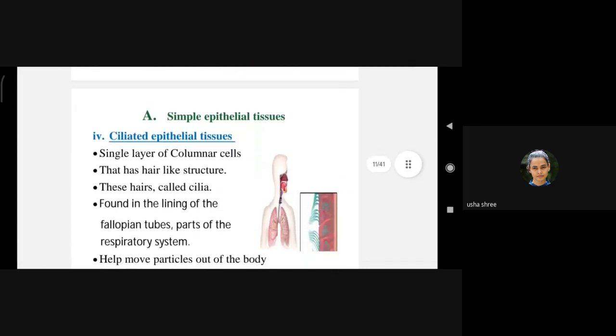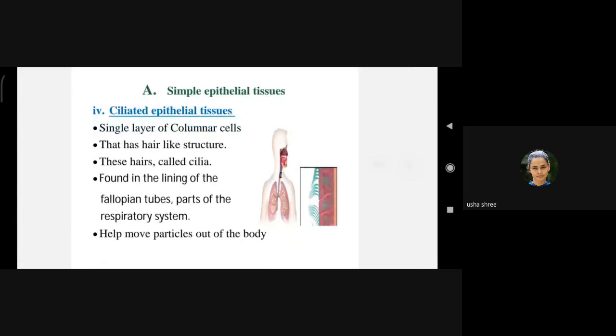So next one is ciliated epithelial tissue. It is also a single layer of columnar cells that has hair-like structures. You can see in the picture here, this sky blue colored hair-like structure is cilia. Cilia are found in linings of the fallopian tube and parts of the respiratory system. Also, though I have not mentioned it here, it is found in the inner linings of the small intestine.